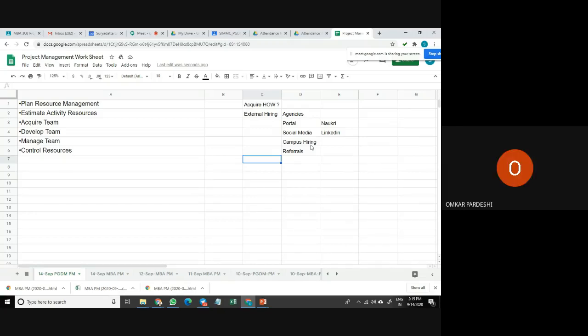So internal promotions. Okay. So we have internal hiring. And to do the internal hiring, you might have to close the gap in the skills because you are doing a transfer from another department, another role.